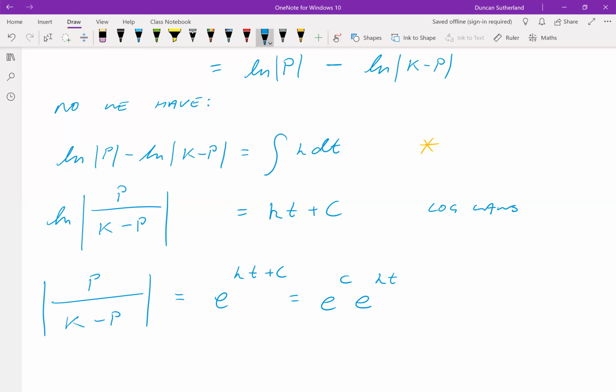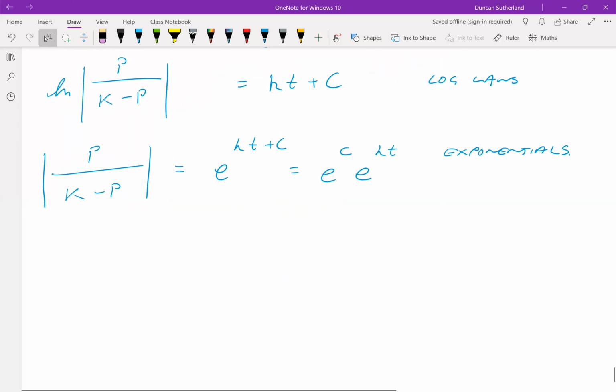So this is, so now we've got this constant of integration. We can use the plus and minus trick that you would have seen in some previous videos that I did on separable equations.